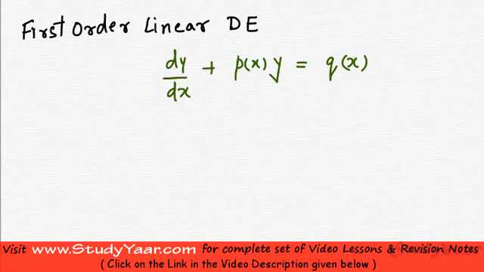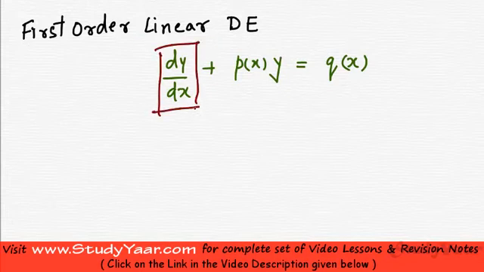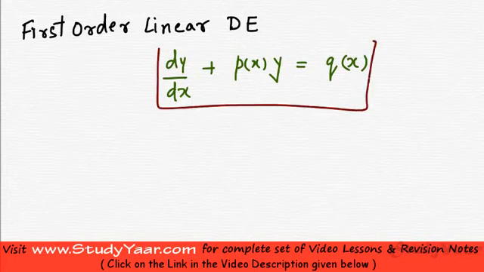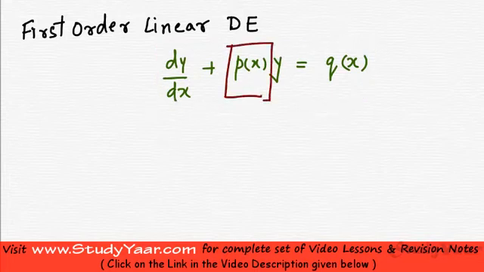Now let's look at a specific type of differential equation of first order called a linear differential equation. This is a first order differential equation because we have dy/dx and no higher power derivatives. And this is linear because it is expressed like this, where you have P(x) and Q(x), which are entirely functions of x.